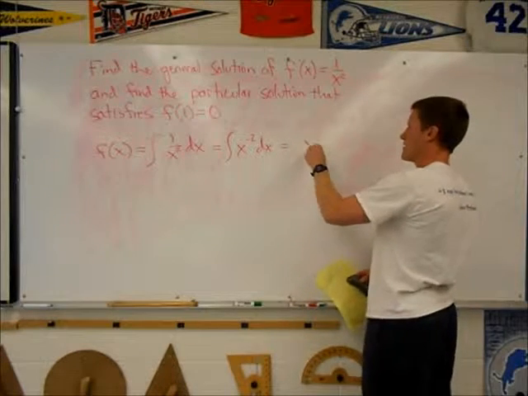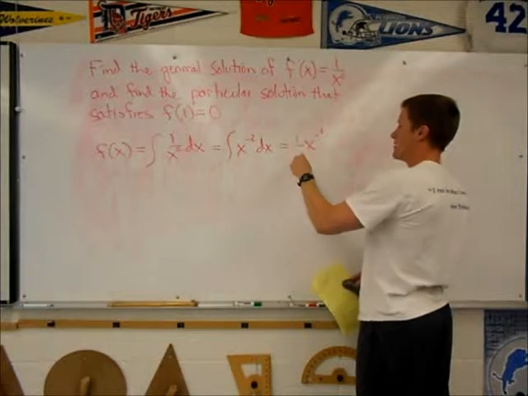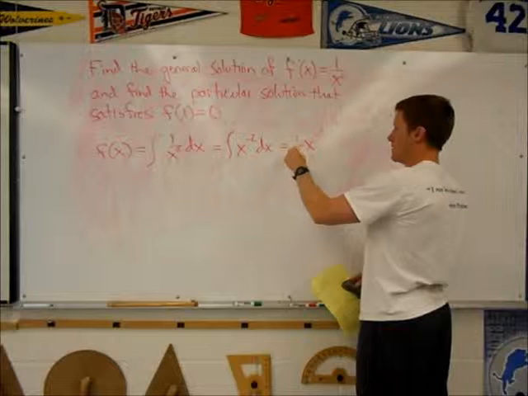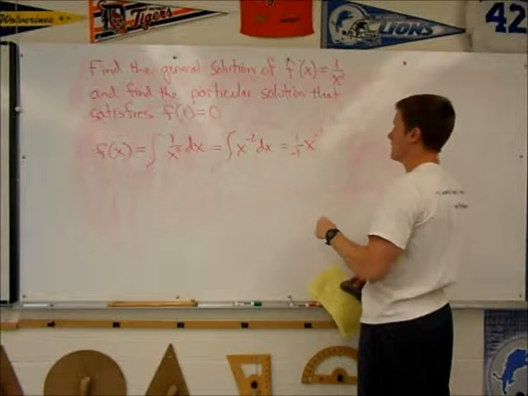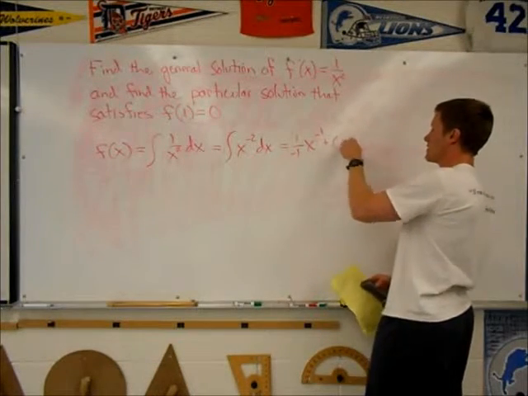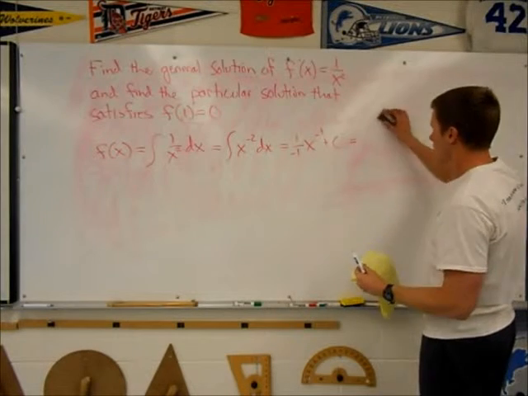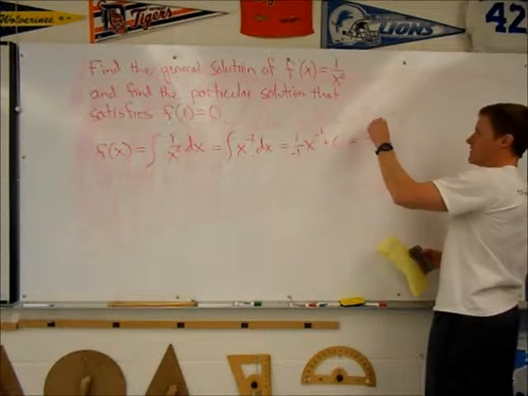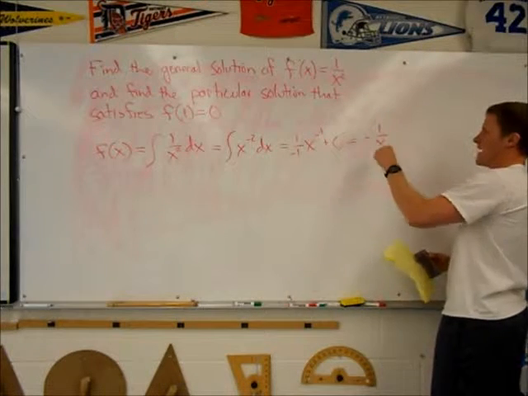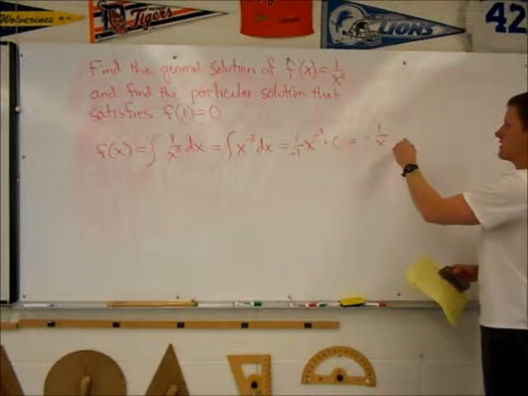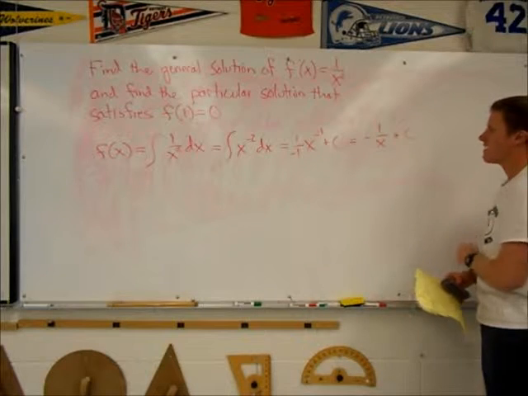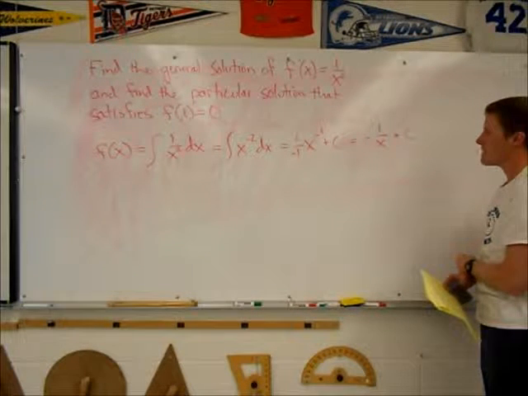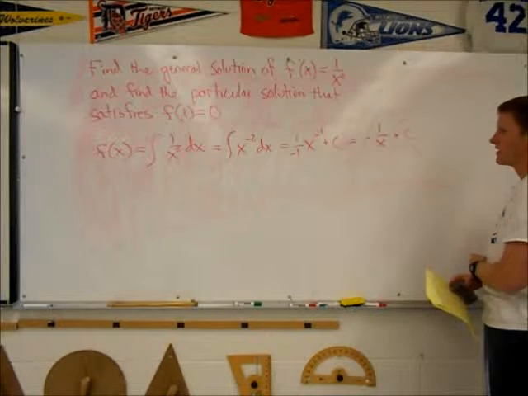We want to add 1 to that and do the reciprocal, which is negative 1, and then a plus c. So our general solution seems to be negative 1 over x. Of course we could differentiate that. I'm checking that in my mind. Seems to be good.